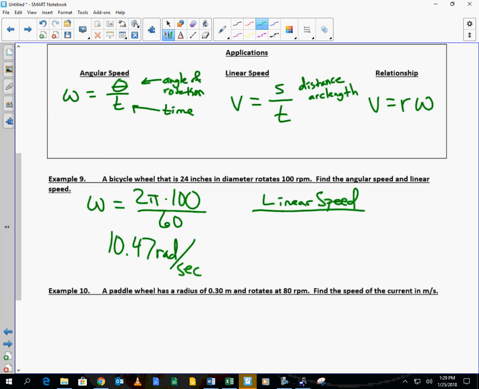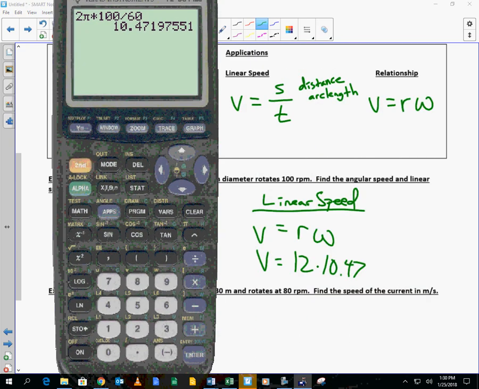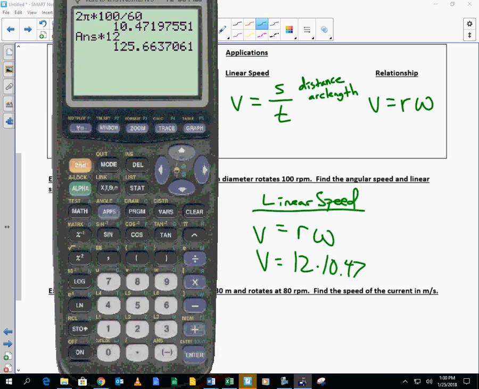Linear speed, we take velocity is equal to r omega. So, do we know what r is? 12 times, do we know what omega is? 10.47. I'm going to multiply that. If it had pi in it, you would just leave it in terms of pi as opposed to multiplying it out.